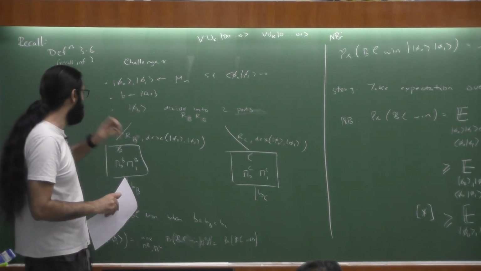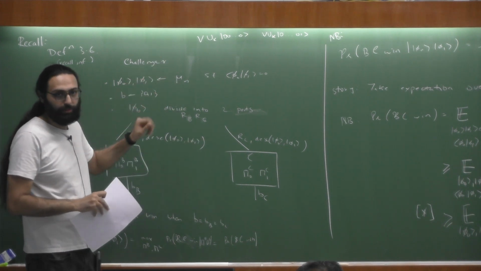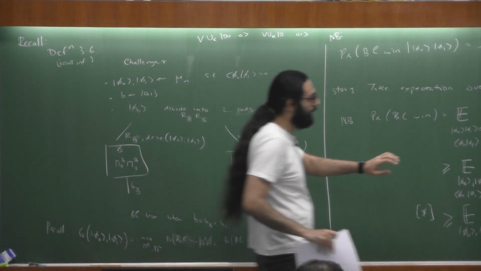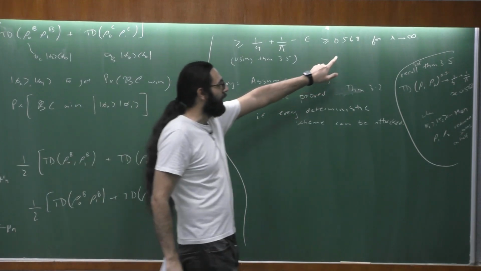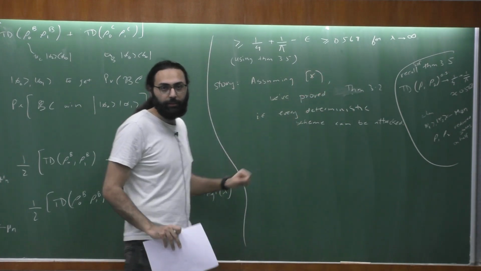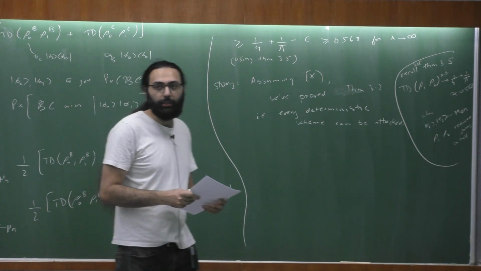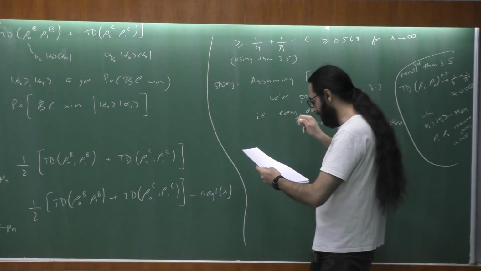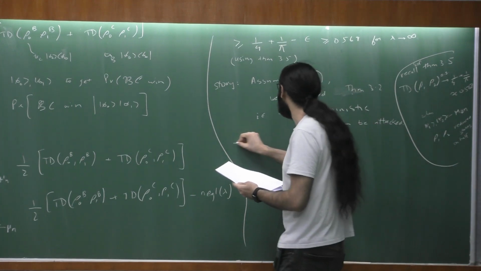And then we argued that this description is equivalent to the attack, and so we just analyze the success probability of this, and we get a lower bound which is strictly greater than half, which violates the security of the scheme, which said that it should be at most half plus negligible. Okay, so it remains to do the star step. So let's do that.